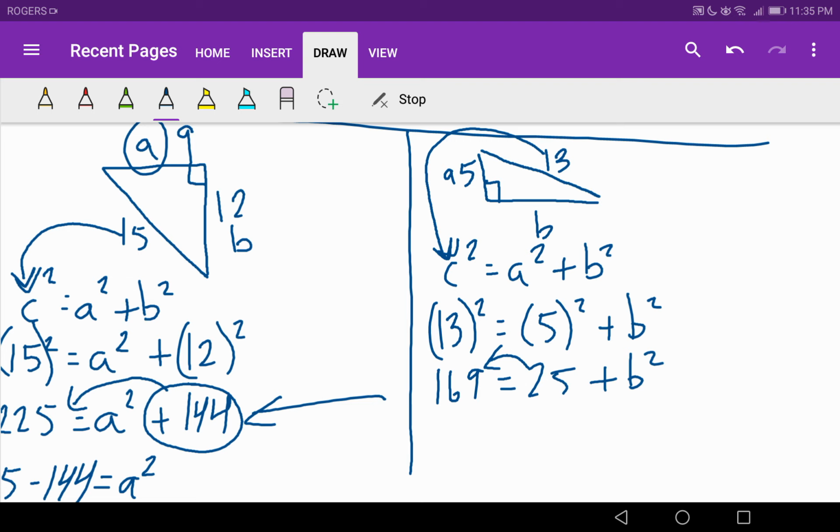Even though you don't see the plus in front of the 25, it's understood that it's a positive or plus 25. So it's 169 minus, the opposite of plus, 25 equals B squared. Remember to write out your equals B squared. 169 minus 25 is 144. So 144 equals B squared.